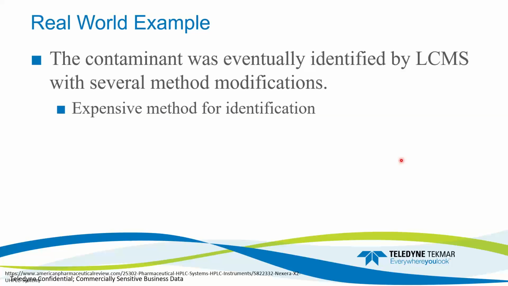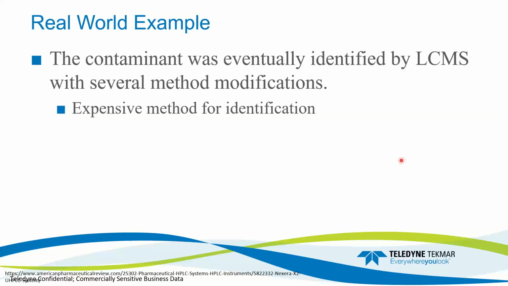So what does that tell us? The contamination was eventually identified by LCMS, which is a more expensive technique than TOC. So with several modifications and extensive method development for identification, it was discovered that it was the hand sanitizer that was contaminating their process.